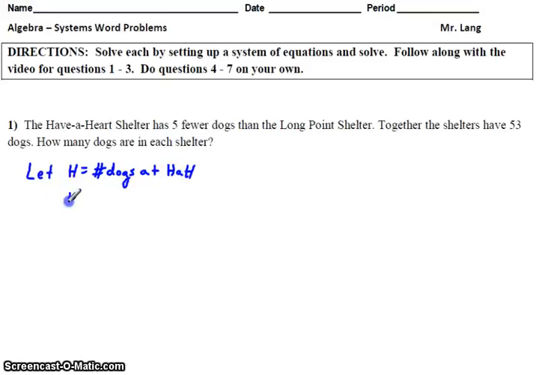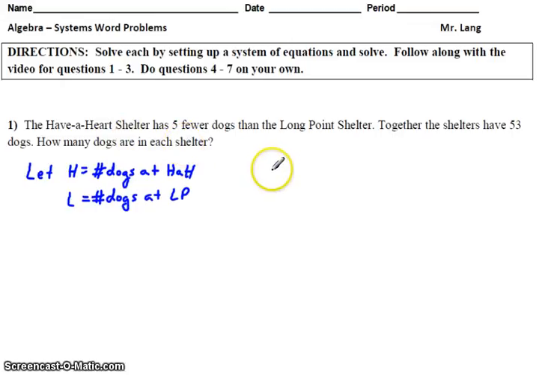So I will say L for that. So that's LP for Long Point. And it's important to do this let statement because in the problem there's no H or L or X or Y or any other variables, so it's important that you establish what these variables mean before you make the equations.